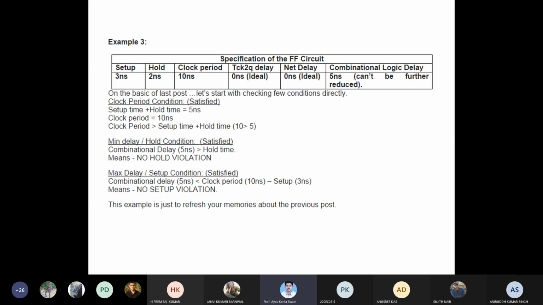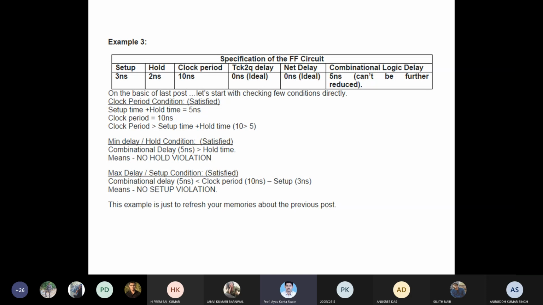The next condition is your minimum delay and hold condition. It is also satisfied because your minimum delay is 5 nanosecond, which is greater than your hold time. So it means there is no hold violation. The third one is about maximum delay and setup condition.